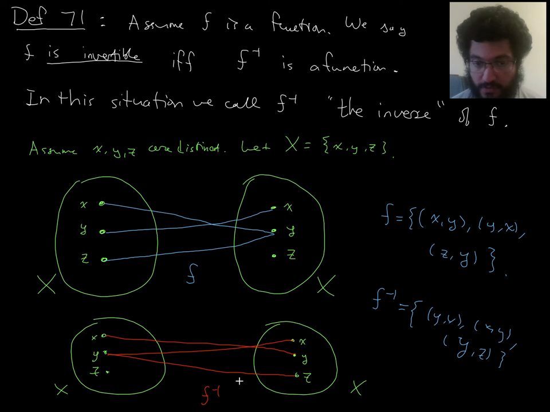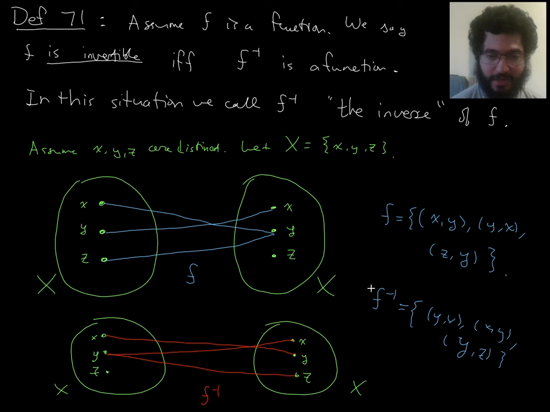So f reverse is a perfectly healthy set of pairs, but it's not a function, right? You see this? Y is getting associated to x, and it's getting associated to z. So this thing cannot make up its mind as to where y should get sent. If I input y, it does not have a well-defined output. Should it be x? Should it be z? The answer is it's nothing. You cannot evaluate this at y or anywhere for that matter because it's not a function.